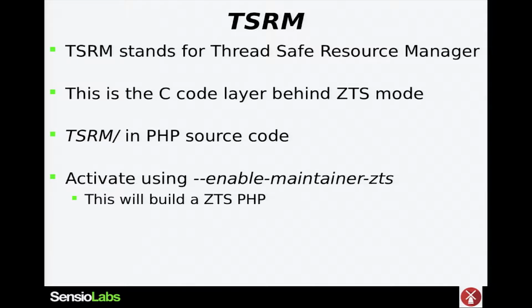If you want to run PHP in a threaded environment, you have to compile it with ZTS, with TSRM activated, and you use the switch --enable-maintainer-zts. That will build a ZTS PHP. If you don't use it, the PHP will be non-thread safe. Don't use it in a threaded environment because everything is going to blow up in your face.